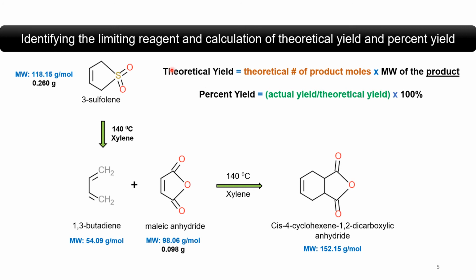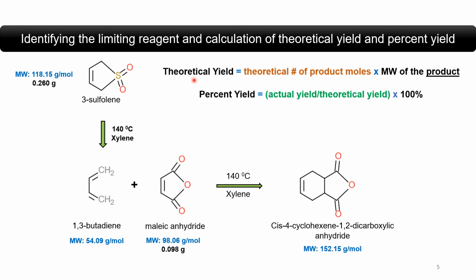We can also determine something called the theoretical yield. This is how much of the product you can obtain as a weight. So theoretical yield is usually calculated as a weight. It's basically, if this reaction works 100%, theoretically we should be able to get this much product.